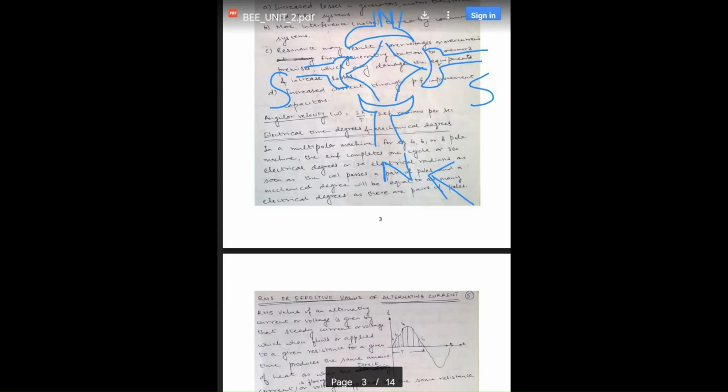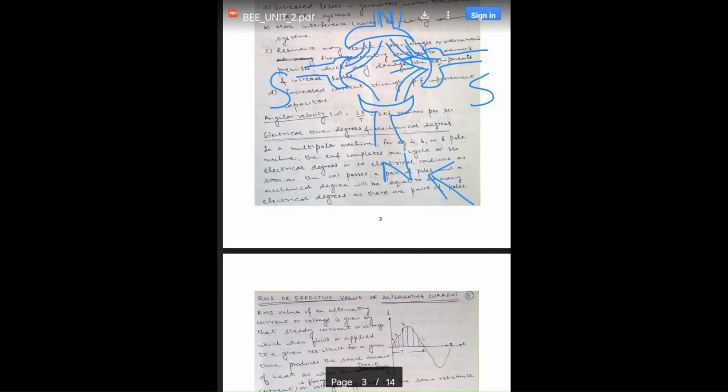So the main reason of this arrangement is that the flux lines or the magnetic lines of forces travel from North Pole to South Pole. This is a universal fact. So we do not want them to follow the bigger path.